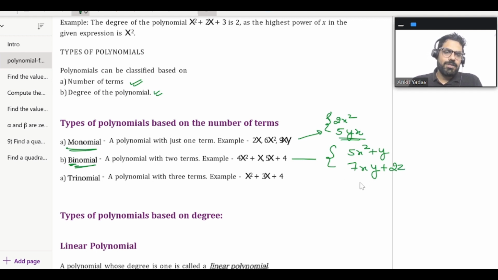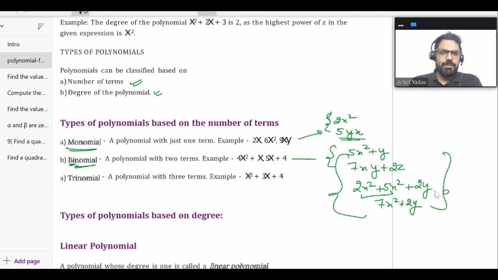Let me take one more example: 2x + 5x^2 + 2y. Is it a trinomial because it has three terms? No, because we can add two terms. 2x^2 + 5x^2 is 7x^2, plus 2y. So it is again a binomial. These are all examples of binomial.